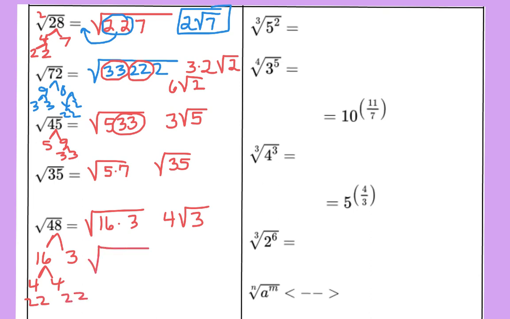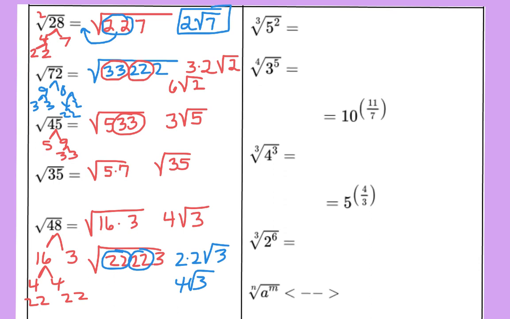So square root of 2 times 2 times 2 times 2 times 3. Any group of 2, I pull one of them outside. Well, I have 2 groups of 2 of the same thing. 2 2's come out. 3 stays inside, so 4 square root of 3. We get there either way. So again, you'll see that next year in geometry, not a huge deal, but know that it's out there and it's not a hard thing to do.